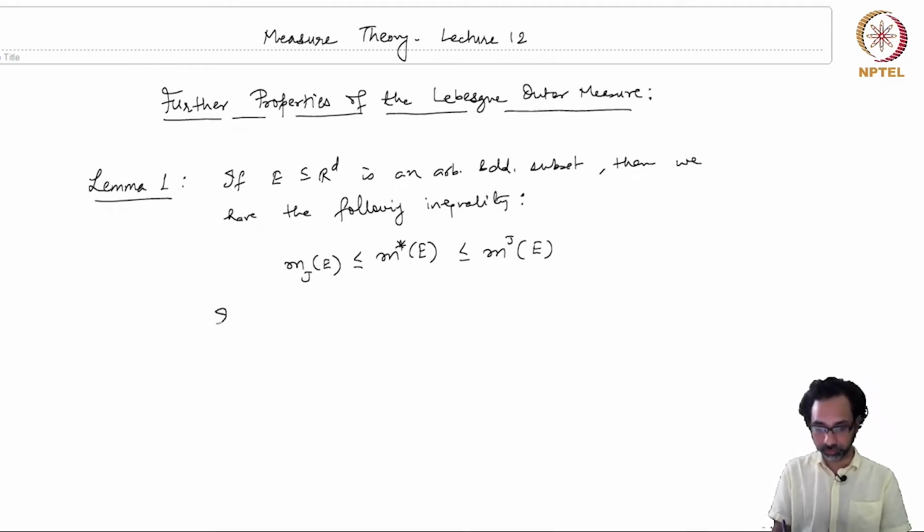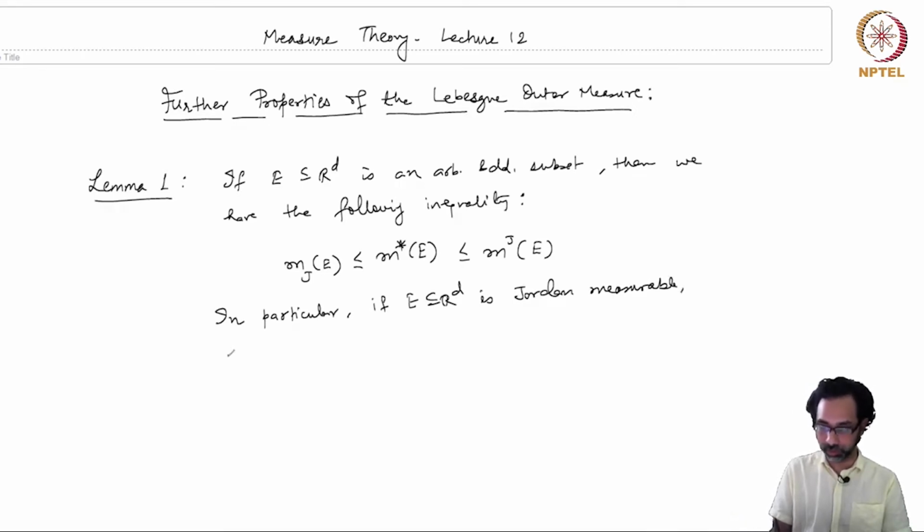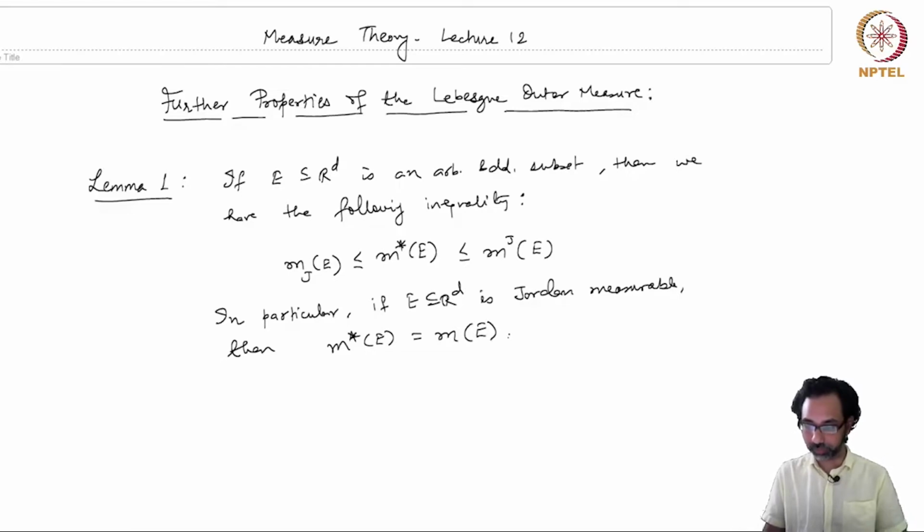So in particular, if E is Jordan measurable, then we have the equality of the Lebesgue outer measure with the Jordan measure of E.